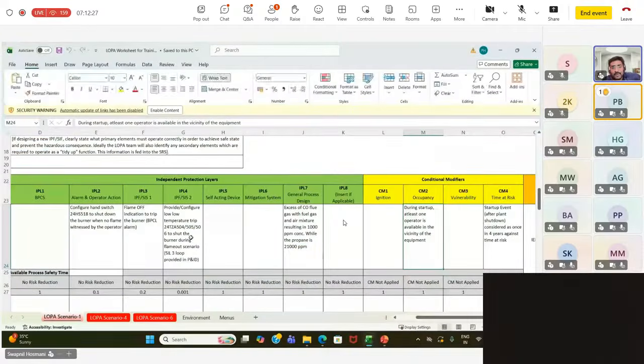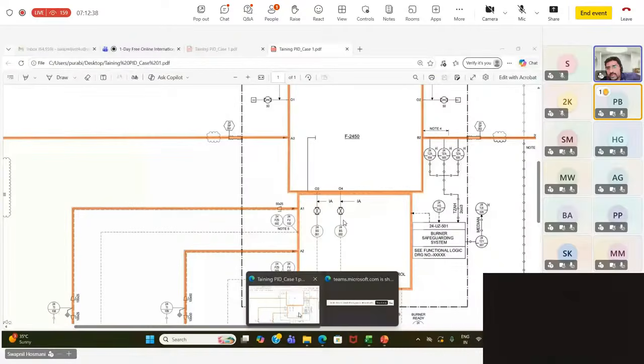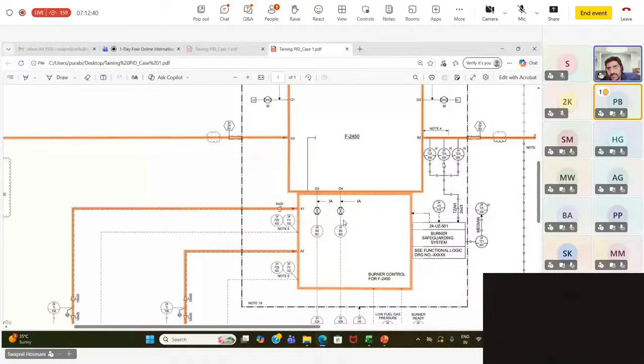Okay. However, you see there is already a SIL 3 loop provided in the P&ID. You see the pressure transmitters are already in SIL 3 configuration. Okay, here it is clearly saying 2 out of 3. That means there are 3 independent pressure transmitters of SIL 3 rating. These are already provided with SIL 3 rating because of the burner criticality. So that is what they are saying. But as a HAZOP designer or as a HAZOP chairman, I am suggesting that you don't put anything additional in the system.